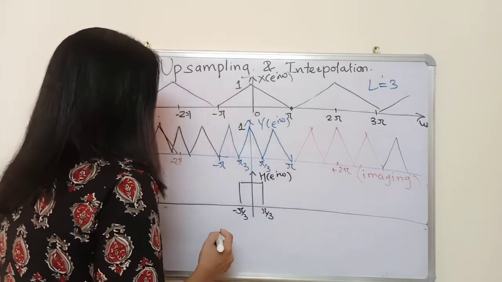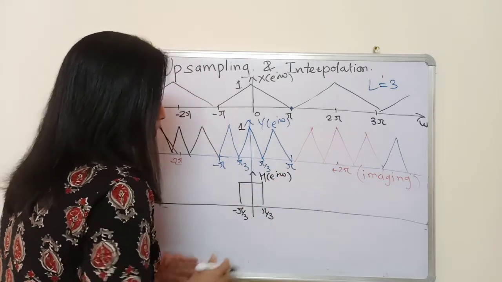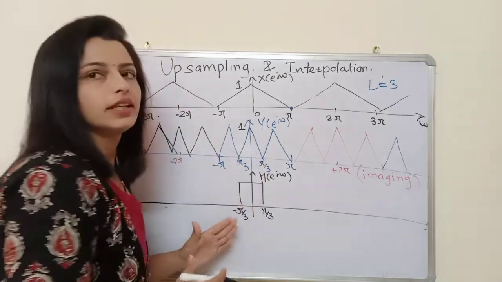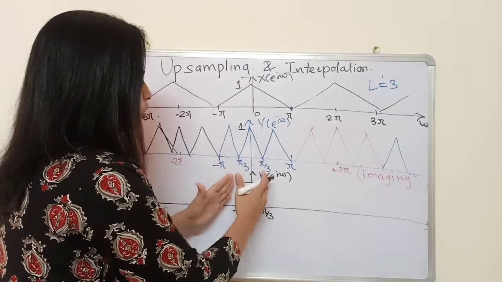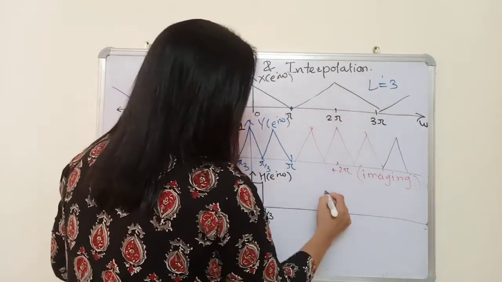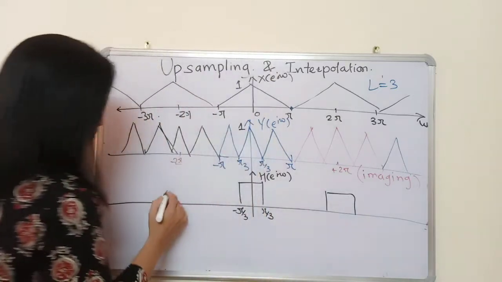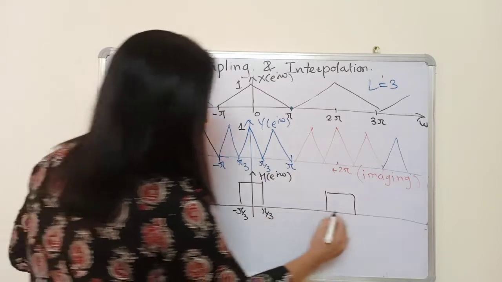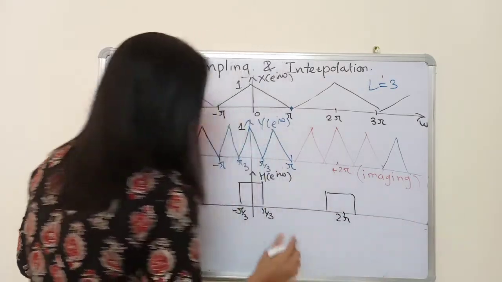We don't want to change the amplitude. We just want to capture the central image, the original copy. For this we'll assume it is around 2 pi. So this will also come, and around minus 2 pi, this is around 2 pi, and so on.